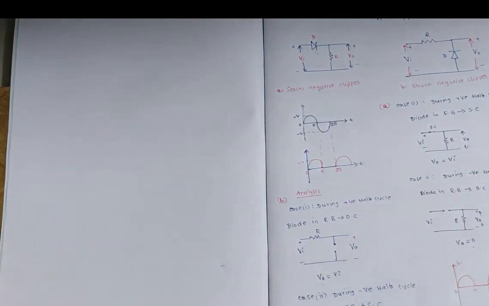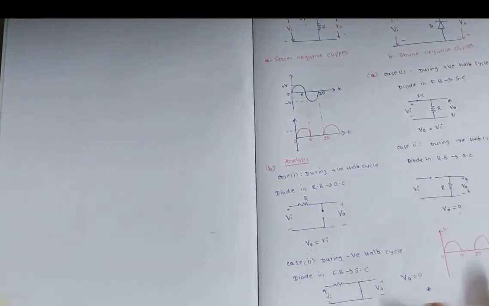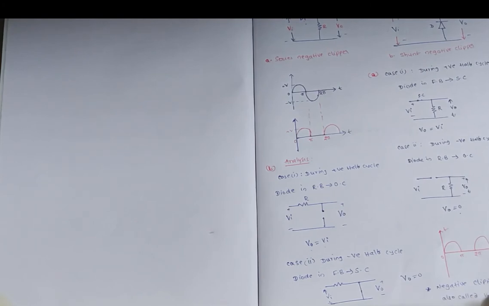These negative clippers are also called half wave rectifiers. What could be the output of a half wave rectifier? Like this only. So the output of a negative clipper is the same as a half wave rectifier output. So negative clippers are also called half wave rectifiers.